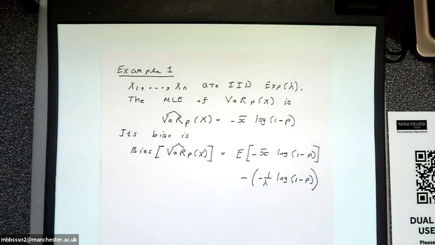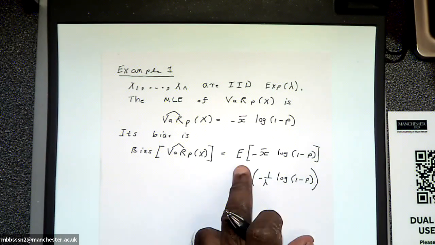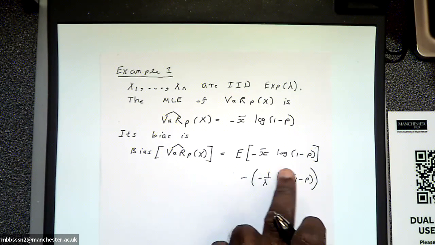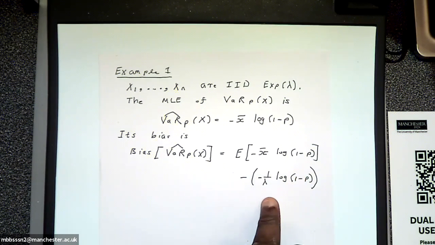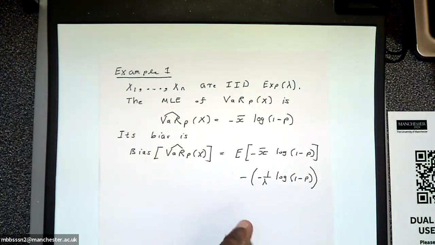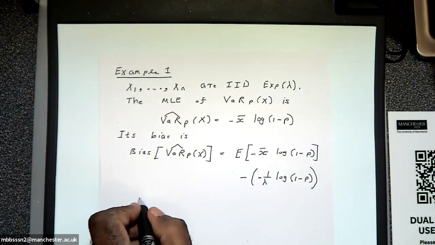You see what I'm doing. It's the expected value of the estimator, which is this one, minus the parameter, the thing that you're trying to estimate, which is this one, right?